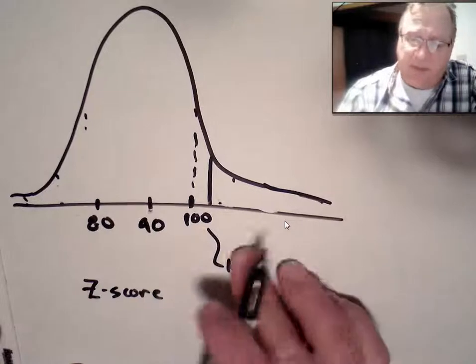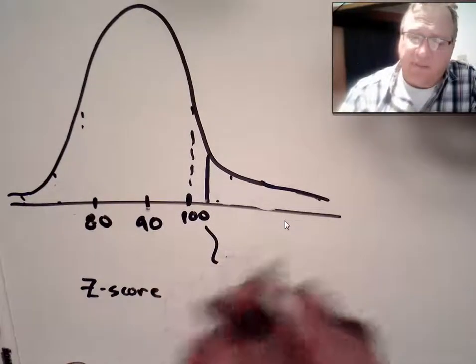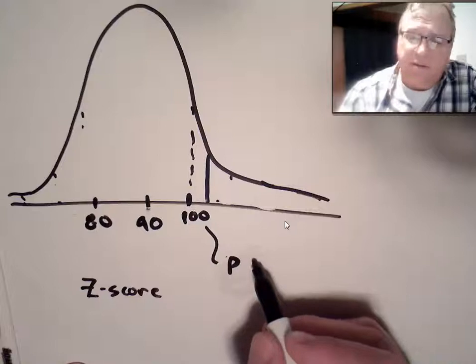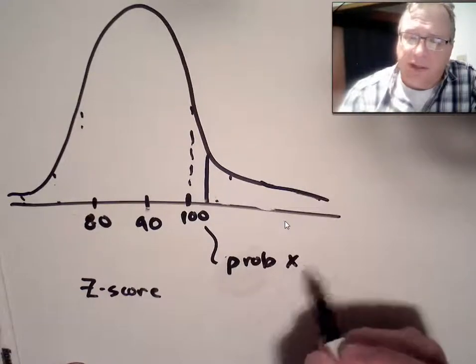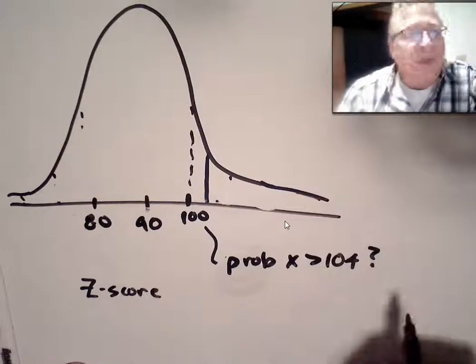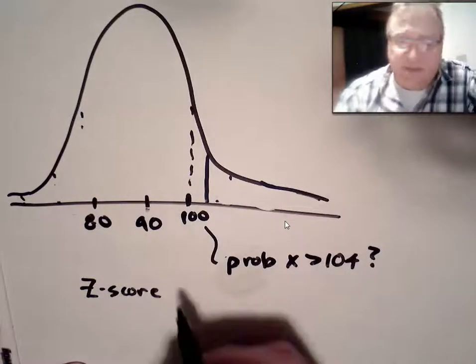What's the probability that x is greater than 104? And we learned we can use the z-score to figure that out.